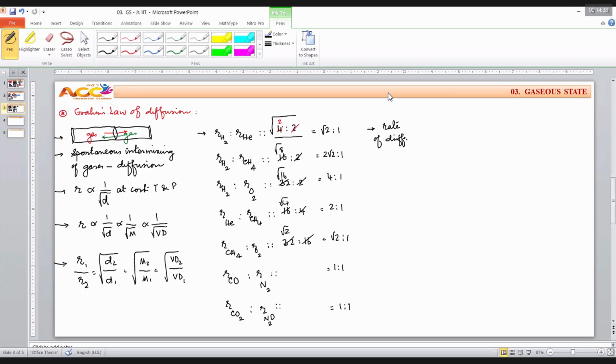Whenever we use the word rate, usually we talk with respect to time: rate of change of position is displacement, rate of change of velocity is acceleration, something like that. What is rate of diffusion? Volume of gas diffused by time taken. How much of the gas has diffused in the time taken?